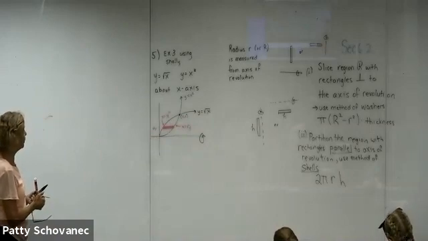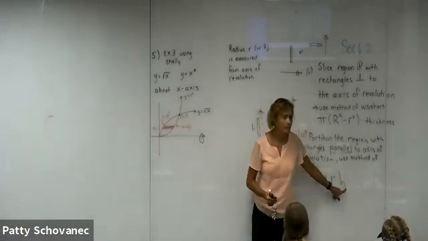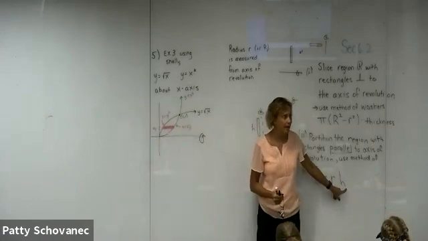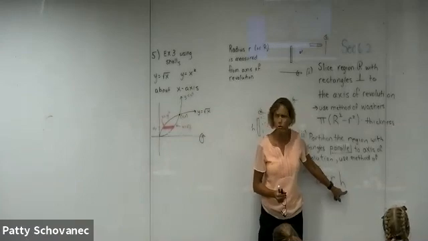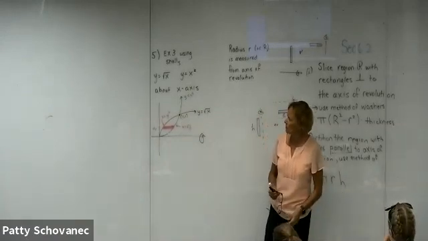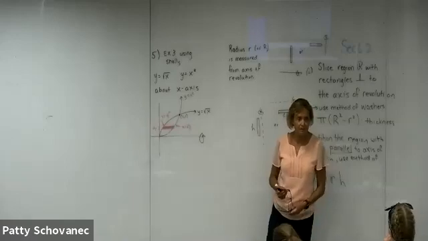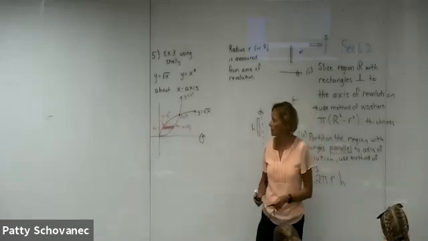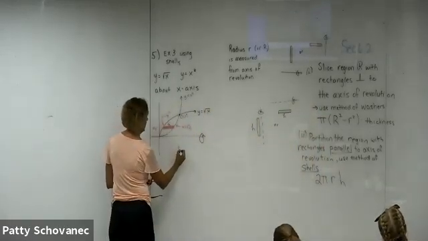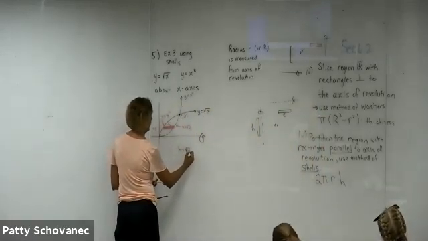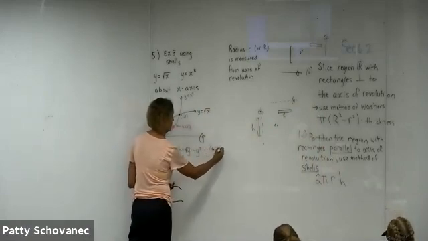Those come into play when I do this part. We're doing 2 pi r h, and now that tells me what h is. What is h? Square root of y minus y squared, right graph minus left graph. So here, h is the square root of y minus y squared.